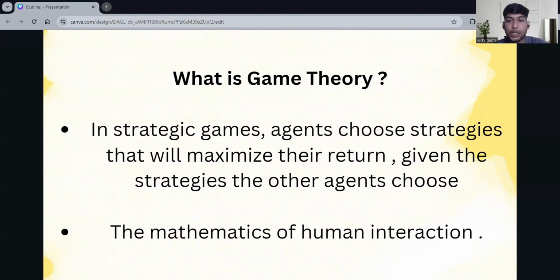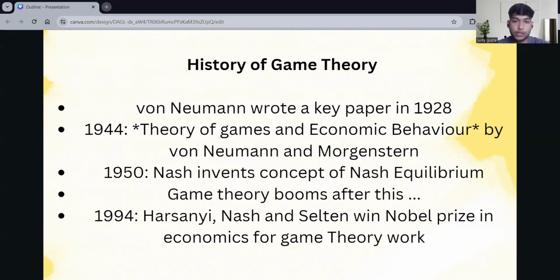In strategic games, I can choose strategies that will maximize my return, given the strategies the other agent chooses. In very simple words, it is the mathematics of human interaction.